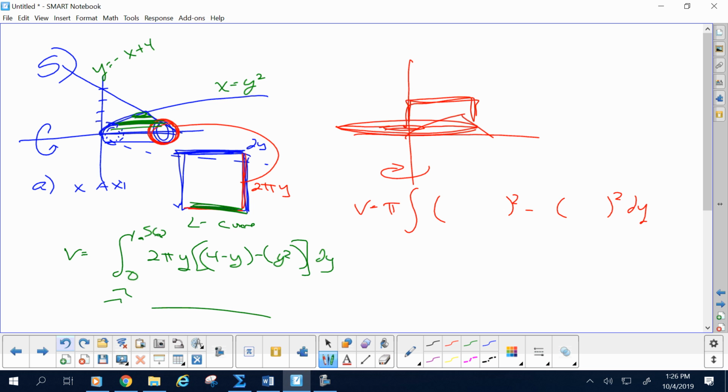The line. So the line in y terms is 4 minus y. Little r, which is in here, here's the little circle radius. Little r is y squared. And again, the limits are still going to be the same, whatever they were. Okay? Now we have an answer for you.